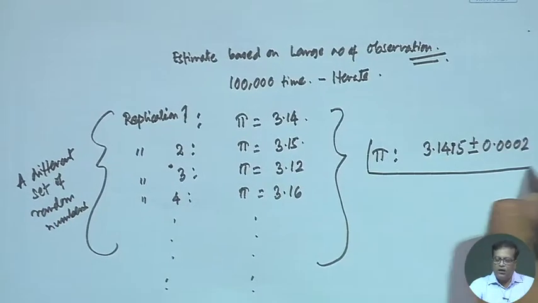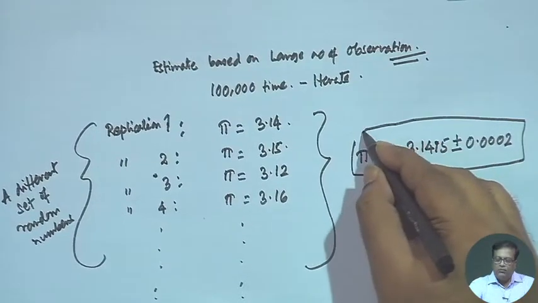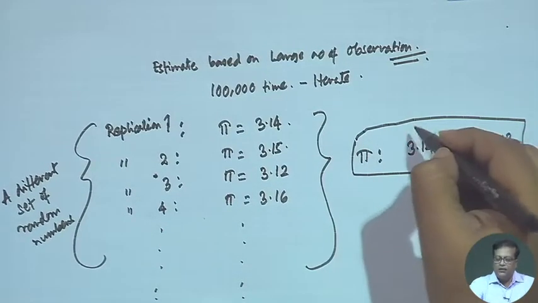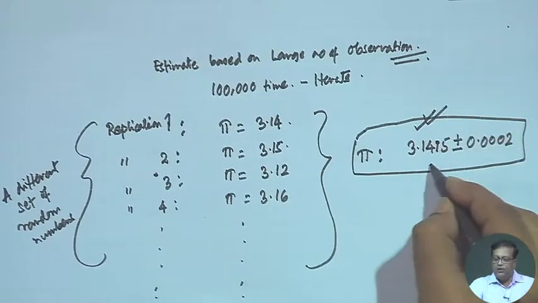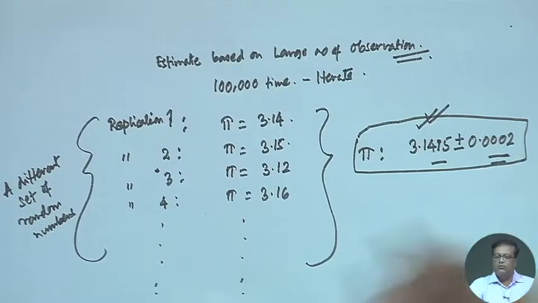Maybe for a large number of experiments, we might get an estimate which will be a mean value and a variation, right, based on standard deviations. These are the things that we actually get from what is known as Monte Carlo simulation.